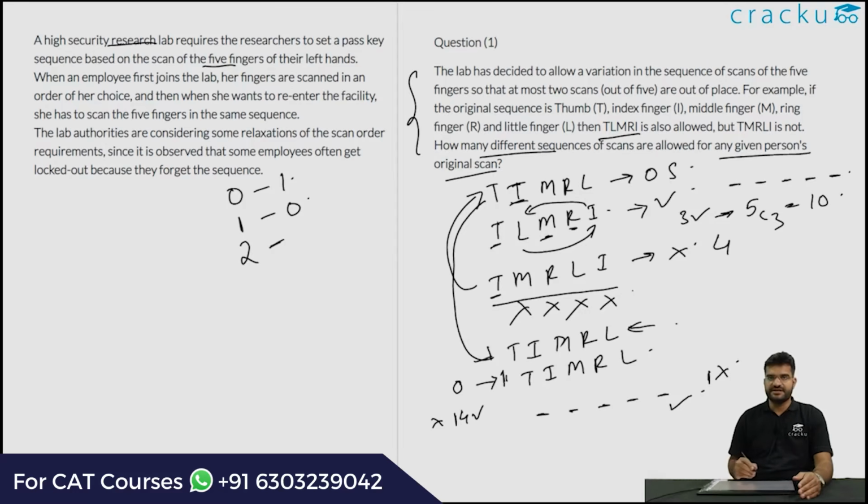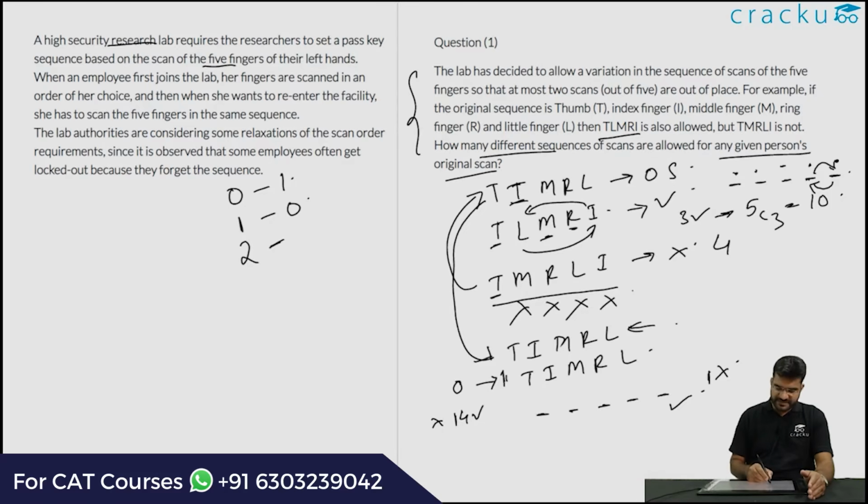So once you select the 3 fingers which are in the correct place, let us assume that they are the first 3 fingers. Now you have 2 fingers and you have 2 slots and you want both of them to be wrong. So for example, the key which was supposed to be in the 4th place now has to be in the 5th place, and the key which was supposed to be in the 5th place has to be in the 4th place. So once you select the 3 keys which have to be correct, there is only one way in which you can get it wrong.